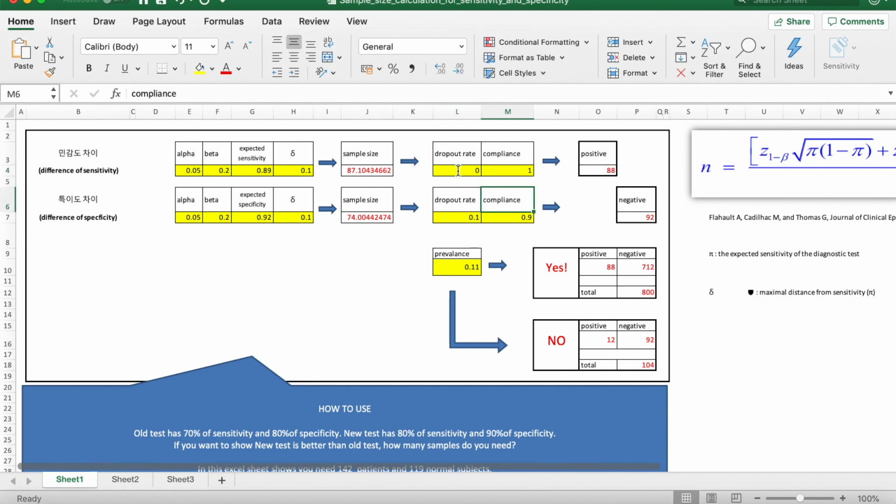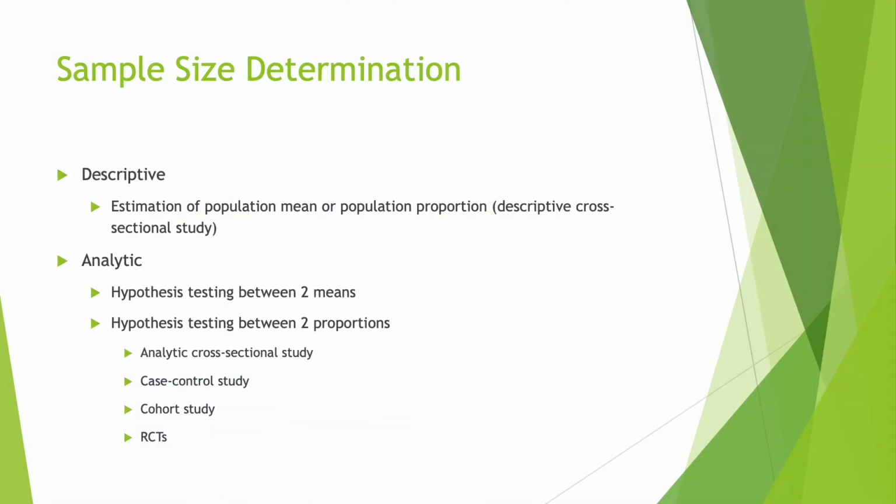So assuming that we're doing a cross-sectional diagnostic study, then I would expect a minimal to 0 dropout rate. So keeping a margin of accuracy of 0.1, our minimum sample size requirement would be 800.